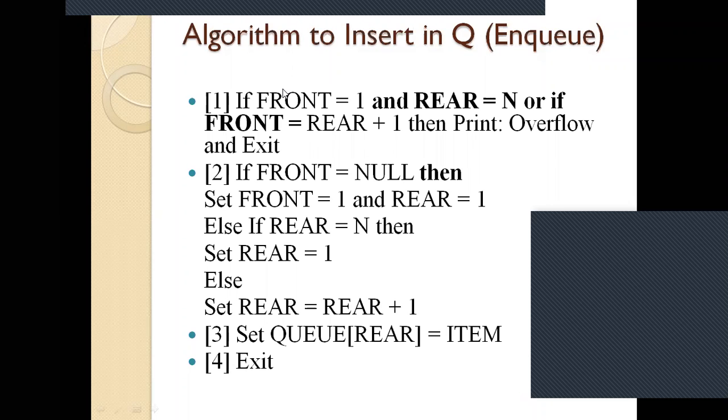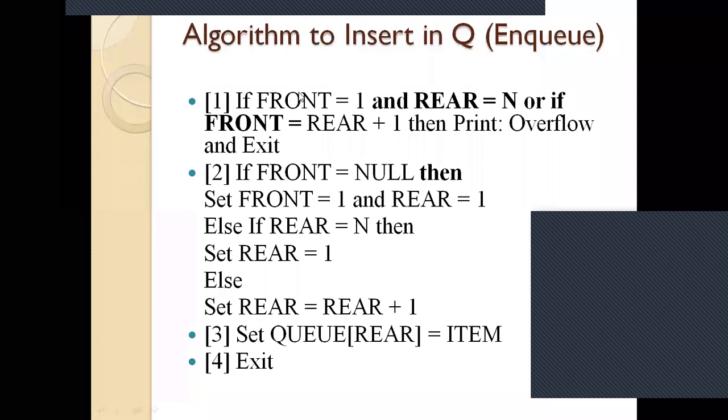So first thing is that you need to check for the underflow condition. Other thing is that whenever you delete, you increment the value of front, but there would be some special conditions, just like in the case of insertion. So please write those down, then I will share with you. Try to think how to delete from a queue.